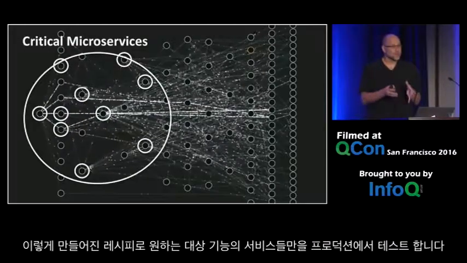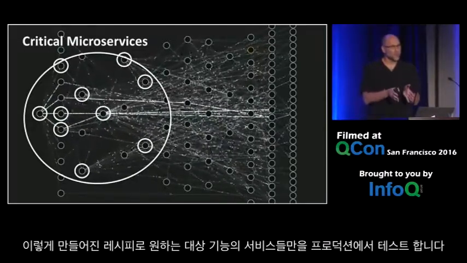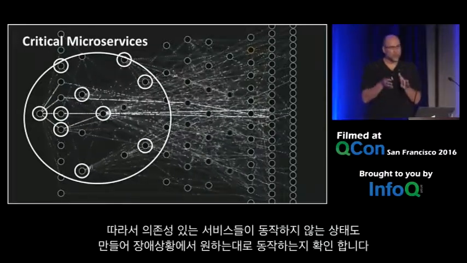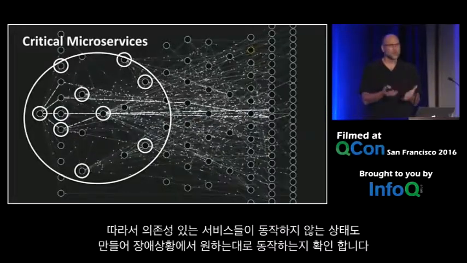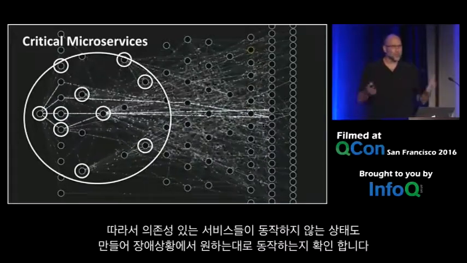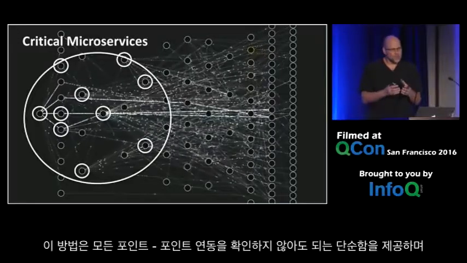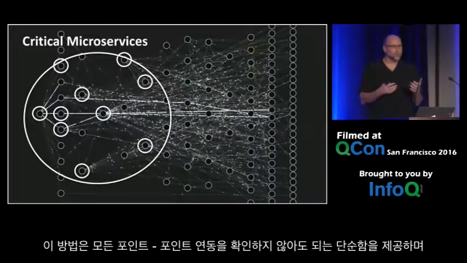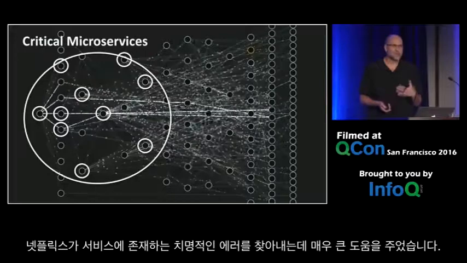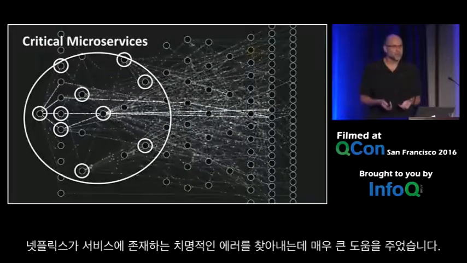And this way we can actually test this out, and we have tested this for short periods of time in production to make sure that the service actually functions when all those dependencies go away. So this is a much simpler approach to trying to do all of the point-to-point interactions and has actually been very successful for Netflix in finding critical errors.